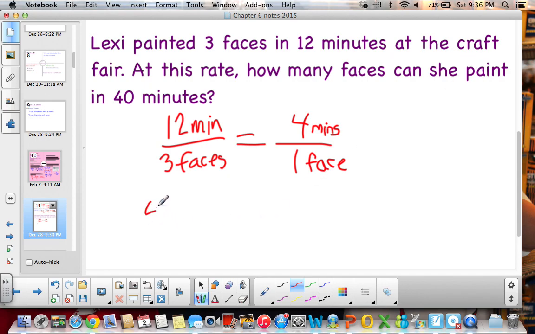So 4 minutes times however many faces equals 40 minutes. Well, we know that 4 times 10 equals 40, so x equals 10. So if she can paint 3 faces in 12 minutes, then she can paint 10 faces in 40 minutes.